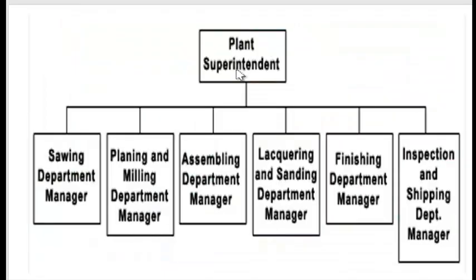So we have a plant superintendent, then a sewing department manager, then planning, assembly department, lacquering, finishing, and inspection, and so on. The same way in case of our milk, we may have the receiving manager who sees how much milk is bought per day by the milk company from the people, who is getting what and how much, and all that accounting.